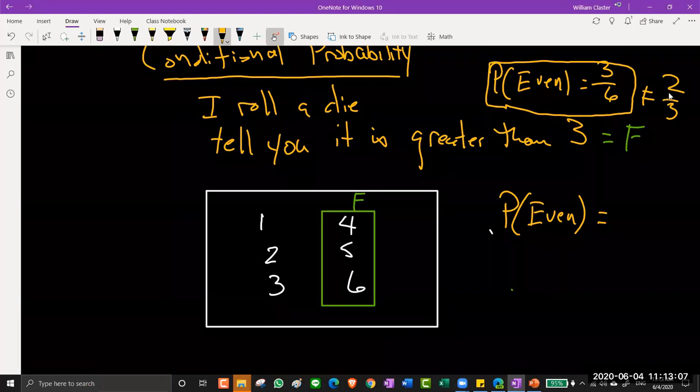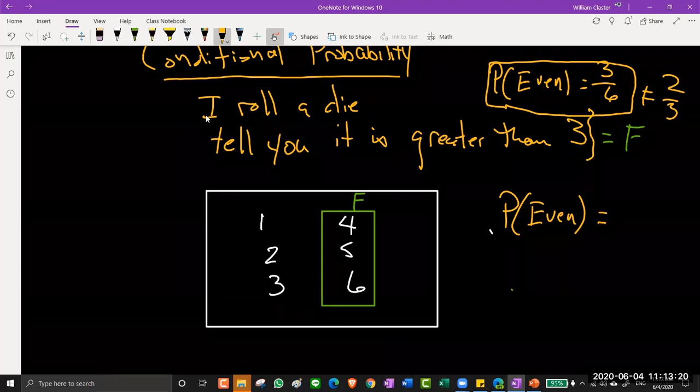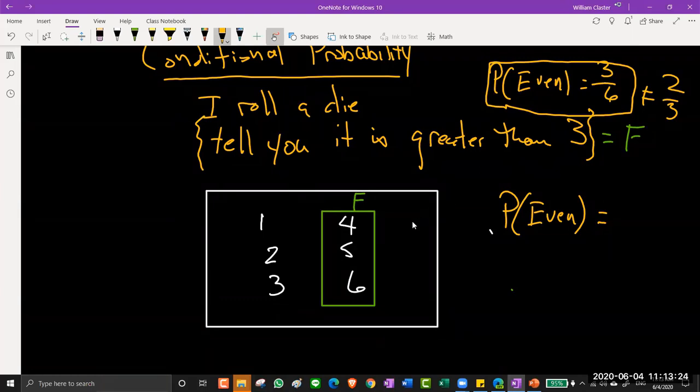Probability of even is 1/2. But now, if I tell you that the number is greater than 3, this is the event F, now you want to change your answer and say the probability of even is 2 out of 3.